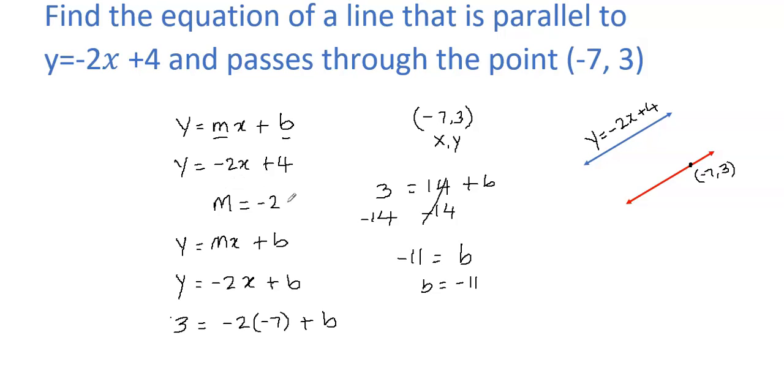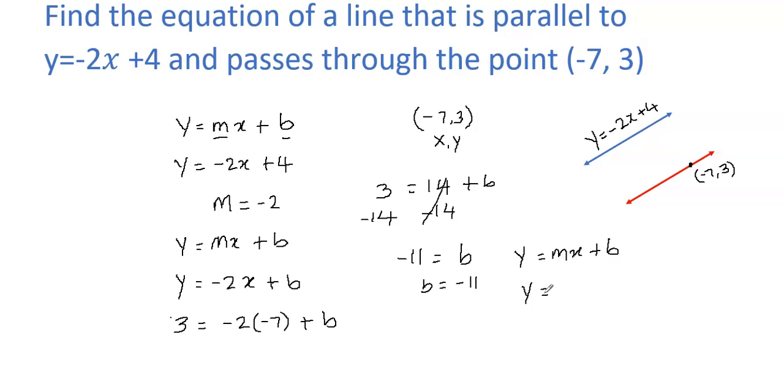Now I have the value of my slope, which is negative 2, and the value of my y-intercept, which is negative 11. All I need to do is plug these values back into my equation. Let me write y equals mx plus b. We need to leave the x and y as they are. The only values we're going to substitute are m and b.